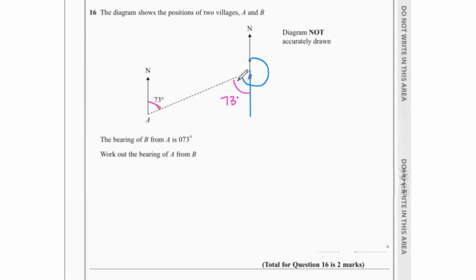So we already have 73, which is a part of the bearing, and then this is angles on a straight line, which is 180, so your bearing is going to be 180 plus 73, which equals 253. That's your answer.